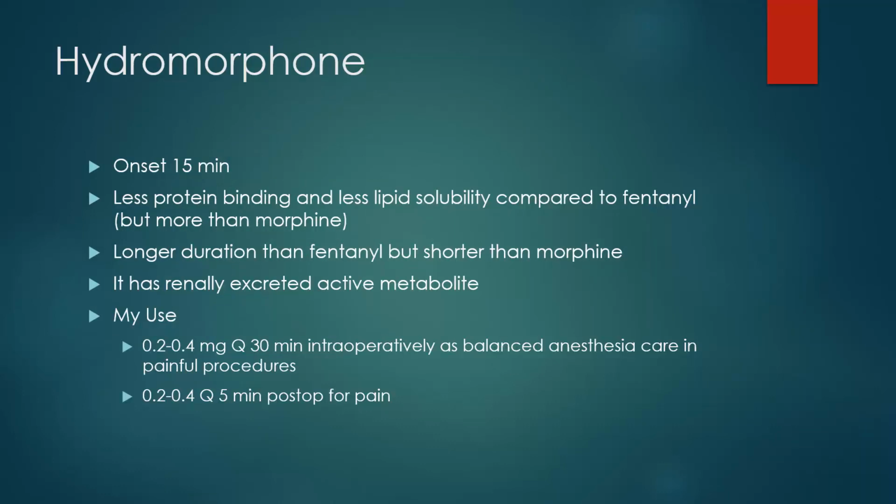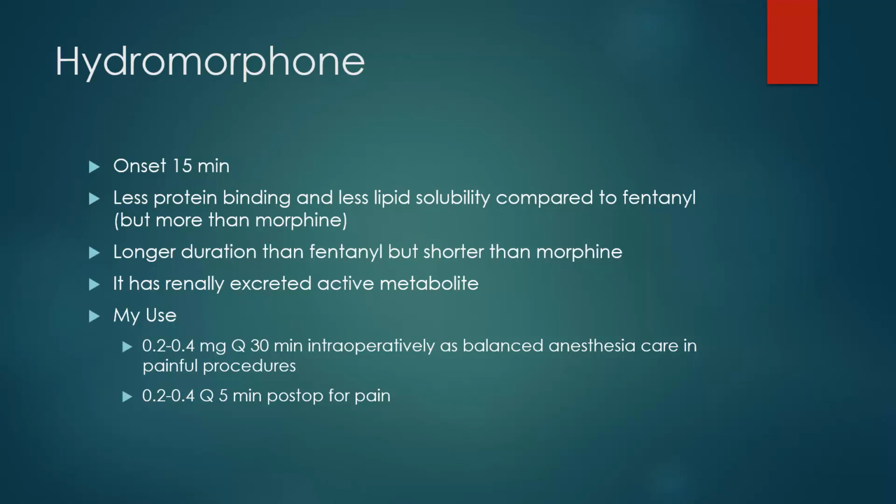Now, last but not least, hydromorphone is the other drug that we didn't talk too much about because it doesn't have a lot of unique things about it, but we do use it often. The onset is a little slower compared to fentanyl, but faster than morphine, so 15-minute onset, less protein bound, and less lipid soluble compared to fentanyl, but more than morphine.